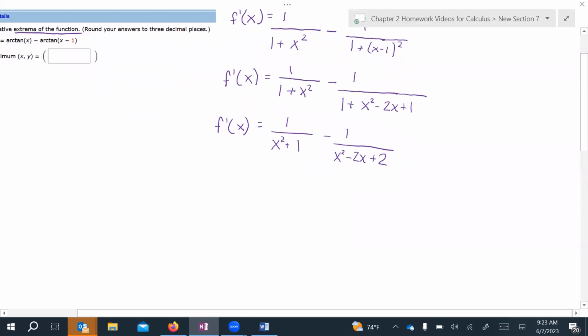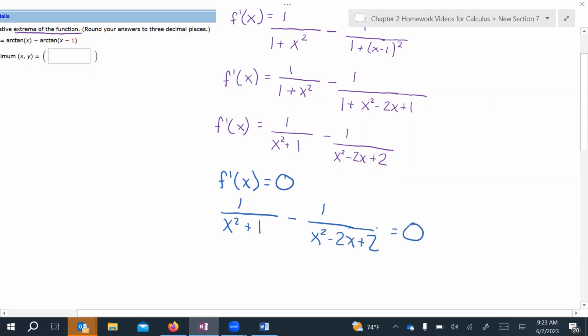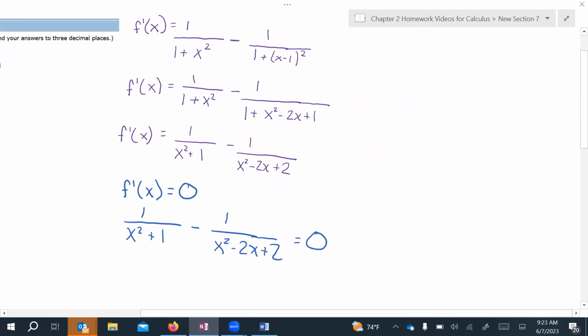Let's look at where this derivative is equal to 0. f prime of x equals 0 if and only if 1 over x squared plus 1 minus 1 over x squared minus 2x plus 2 equals 0.